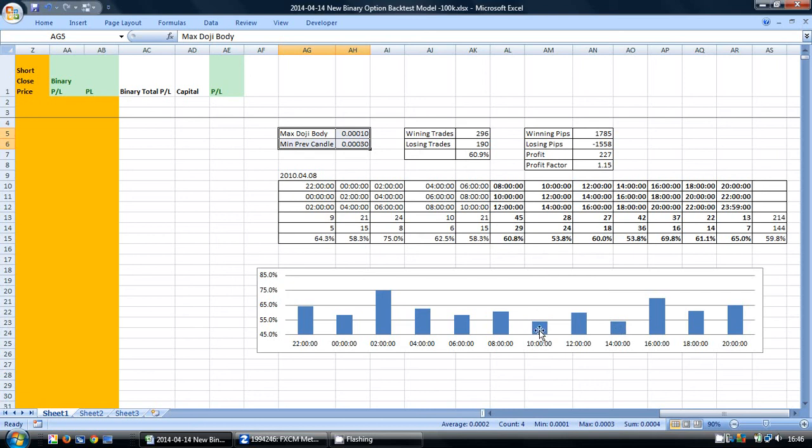At the times here I'm using our GMT London time, so there does tend to be quite a bit of news release, maybe markets changing, economic news out at about this time, which could mean that the strategy is less profitable around this time. Around 2 o'clock, again this could be US market news coming out, although it may just be a random feature.